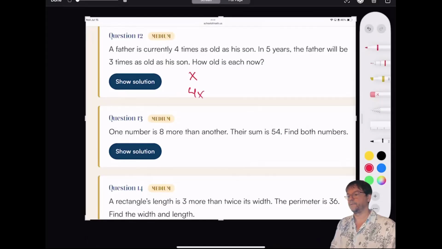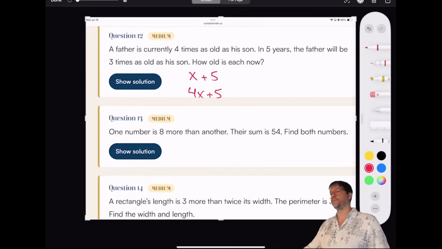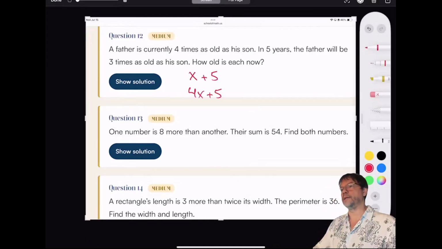Yeah. In 5 years, the father will be 3 times as old as his son. 5 years. The time passes to the son and the time passes to the father. Do you agree? Yeah, I have 4x plus 5 and it has an equal symbol.